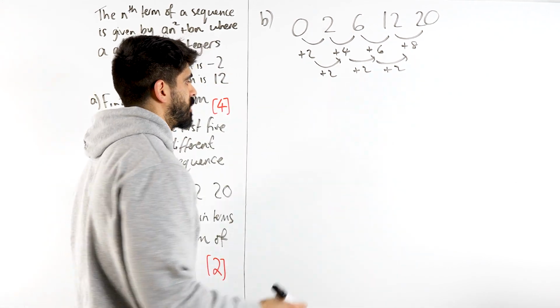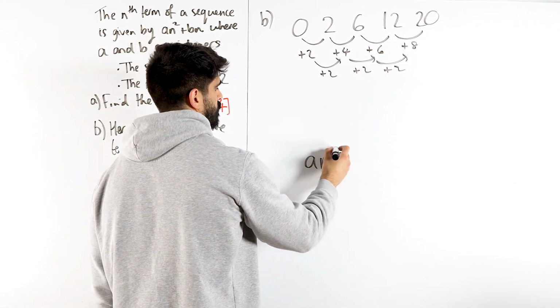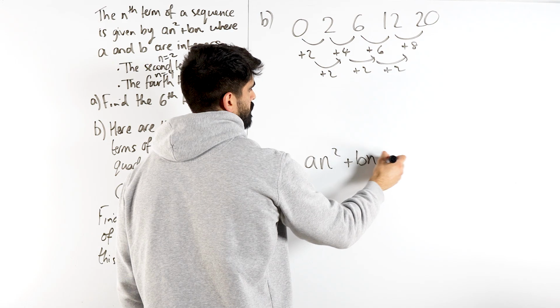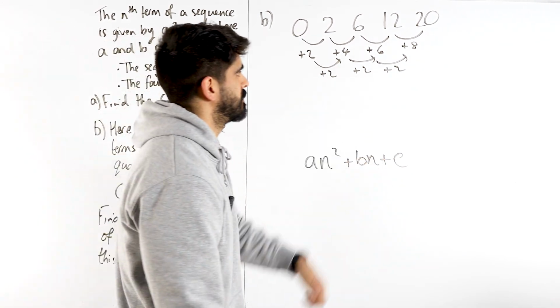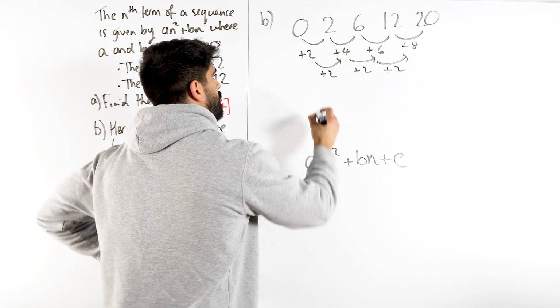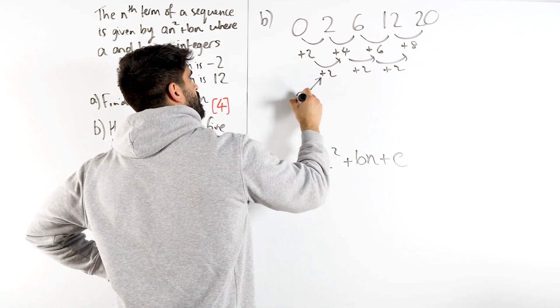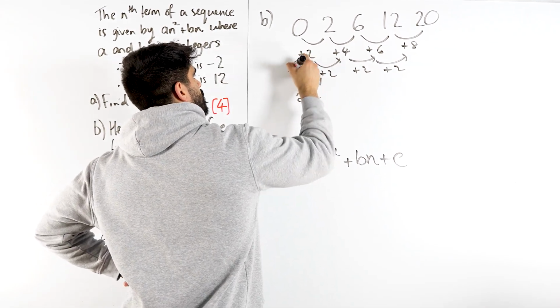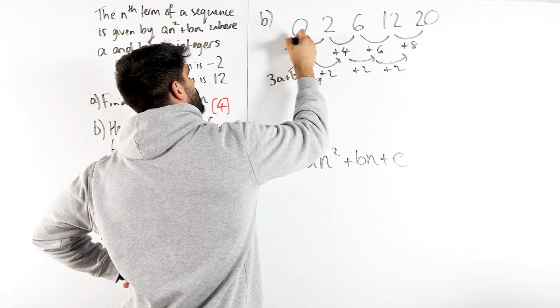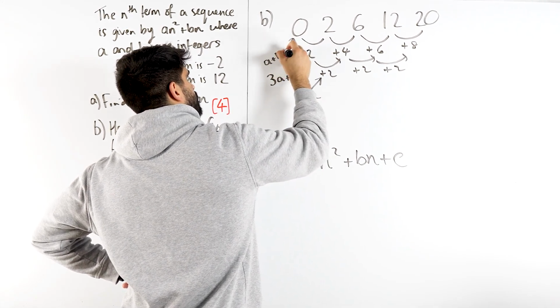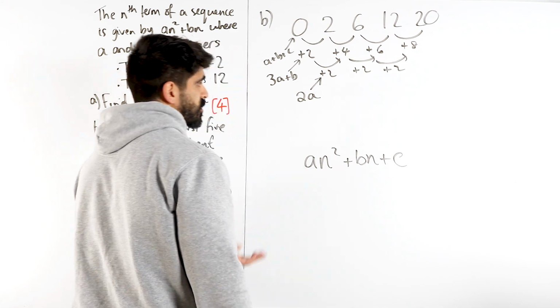Now the general quadratic looks like this: an squared plus bn plus c. Here they had an squared plus bn. They already knew that c was going to be 0. All you guys need to remember is that the second difference is 2a. The first difference is 3a plus b. And this is a plus b plus c. So we just solve.